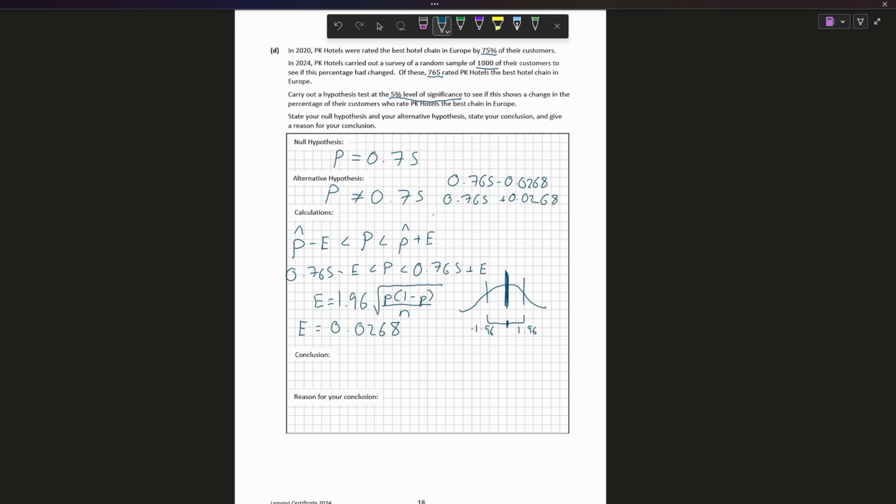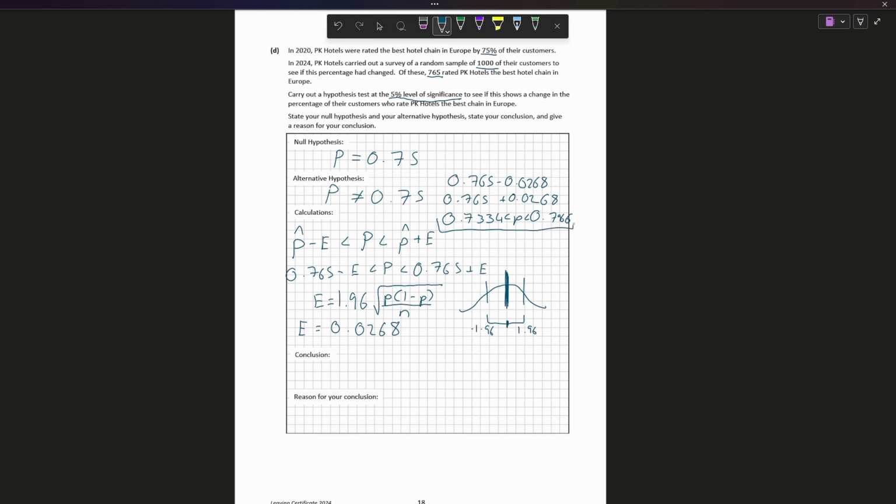Once you do those, you can finish this interval, and what you'll get is 0.7334 is less than P is less than 0.7966. So what does this mean?